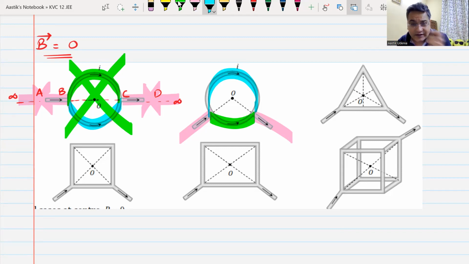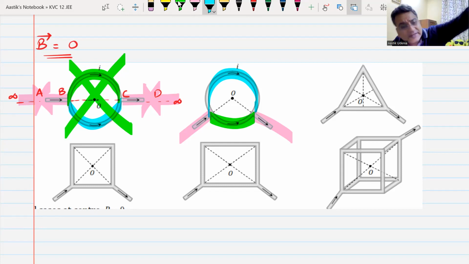Now, this green wire is shorter. Please listen to me very carefully. This green wire is shorter and the blue wire is longer. Yes or no? So green wire will have less resistance and blue wire will have more resistance. We have done a question where we have found out the current in the two wires. Yes or no? You will not remember it though.